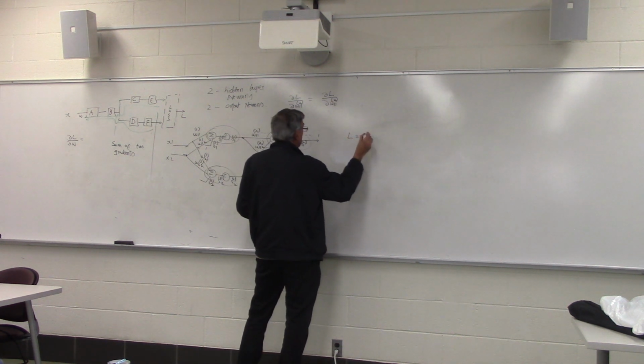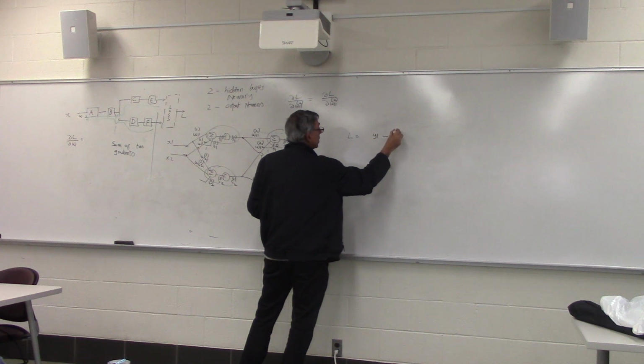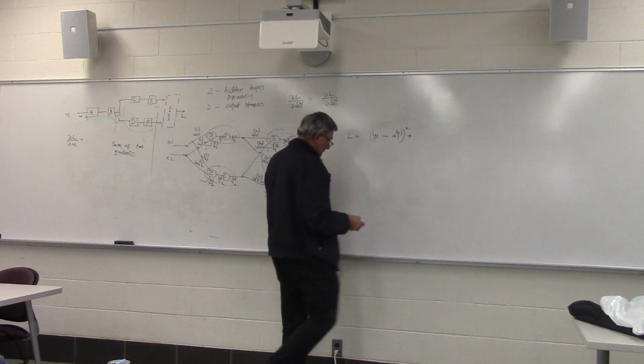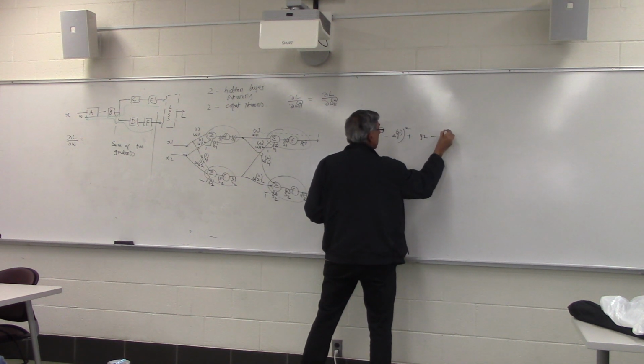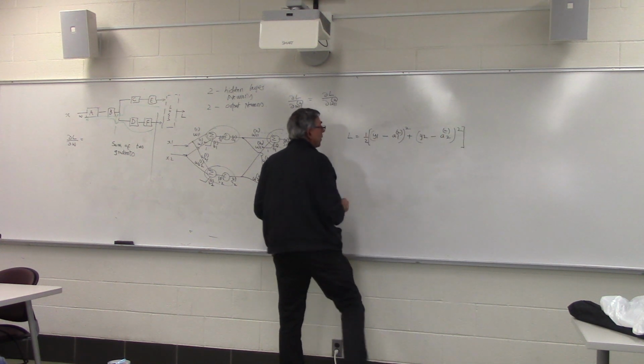Okay, so let's take a look at the loss also. The loss, for example, could be defined as half of (y1 minus A1 of 2) squared plus (y2 minus A2 of 2) squared, right?